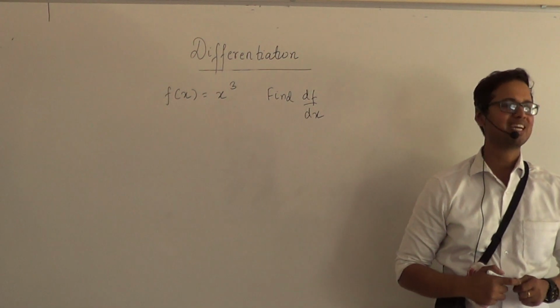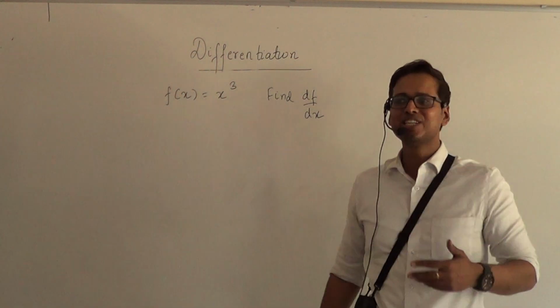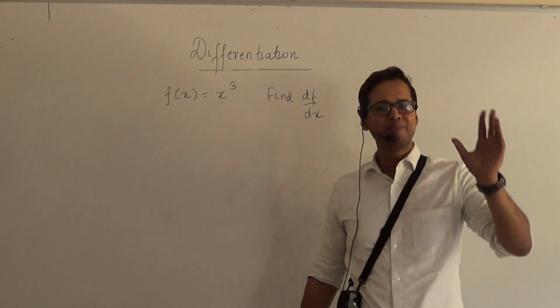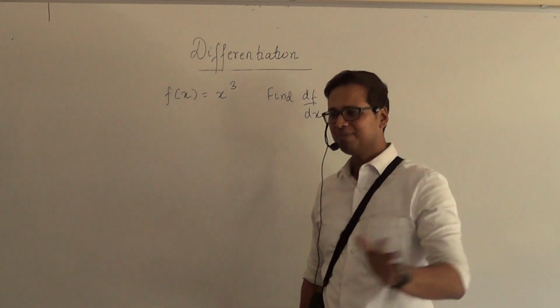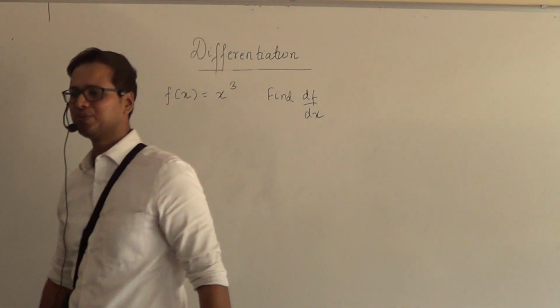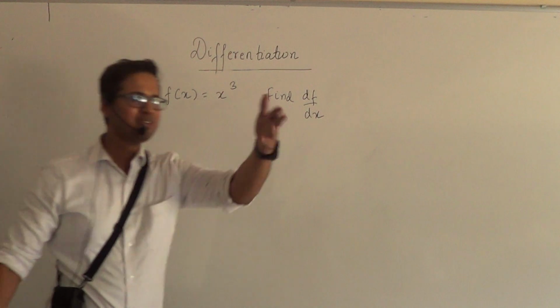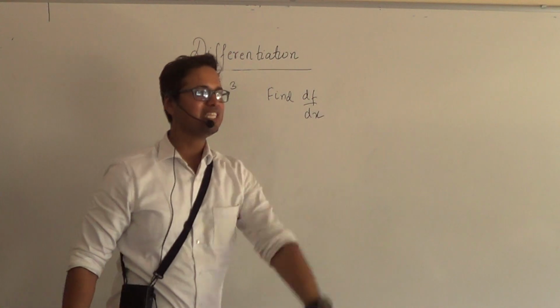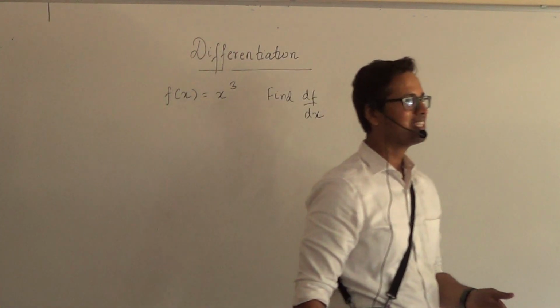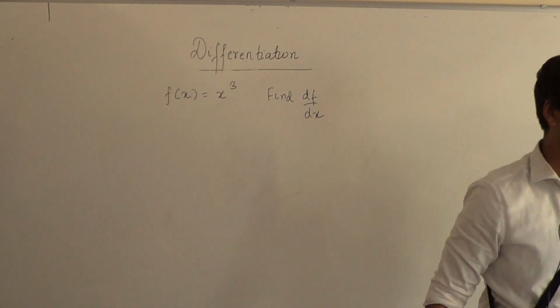You guys know it. But let's say somebody who doesn't know it, please use your basic limit concept, with x plus delta x, and tell me the answer for the derivative of x cube. And think about the geometrical meaning of it: how, geometrically speaking, the derivative of x cube is whatever you said.